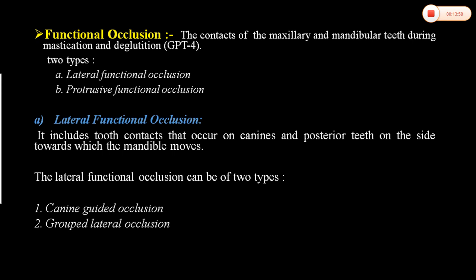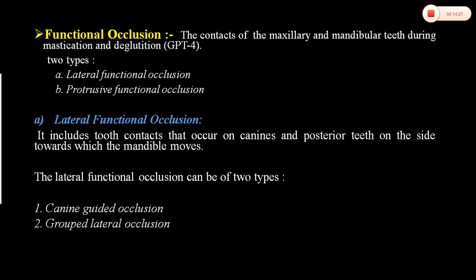Depending on which teeth are in contact, lateral functional occlusion can be classified into canine guided occlusion or group lateral occlusion. Remember, functional occlusion is of two types: lateral functional occlusion and protrusive functional occlusion.